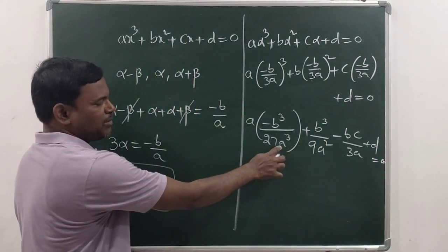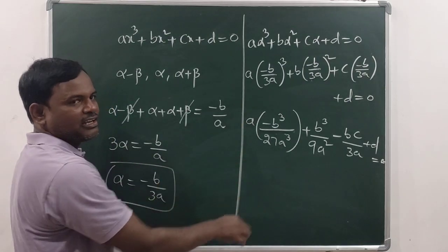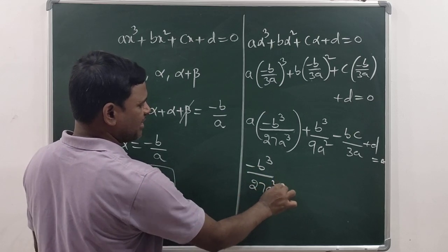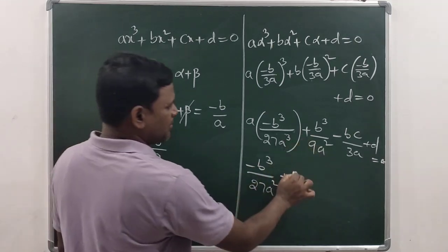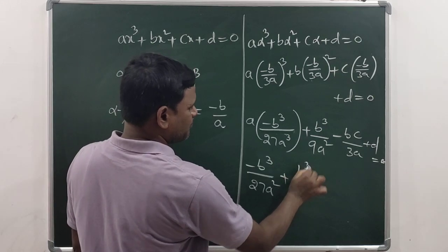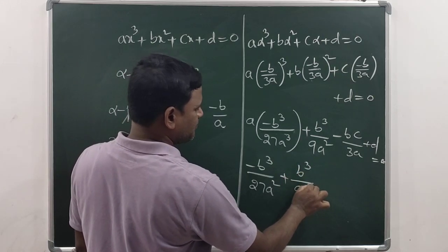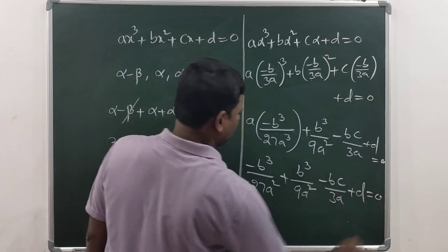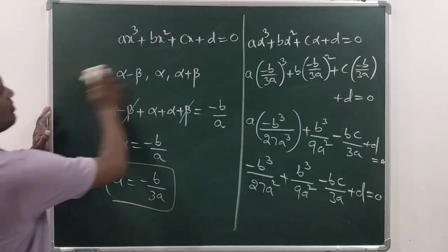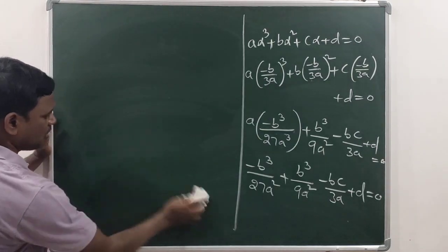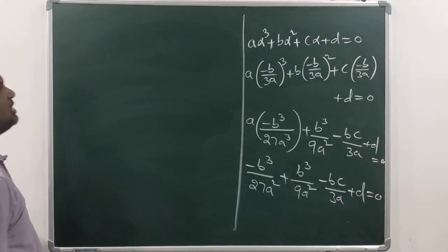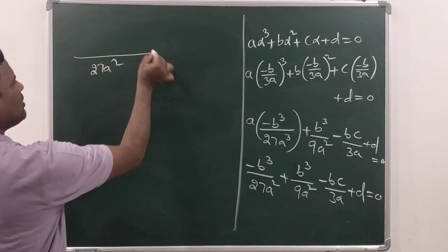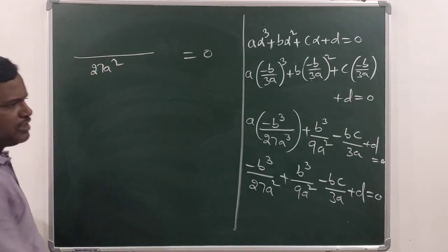Now here in the denominator there are 3 a's, cancel one a. So after cancelling a, what is left? Minus b cube by 27a square plus b cube by 9a square minus bc by 3a plus d which is equivalent to 0. Now take the LCM for the LHS. 27a square will be the LCM for these four terms.